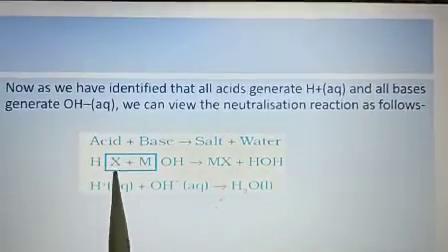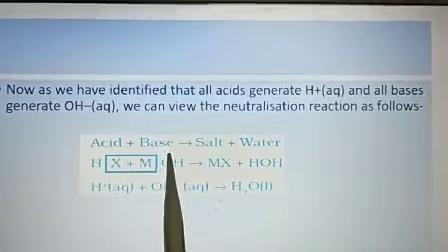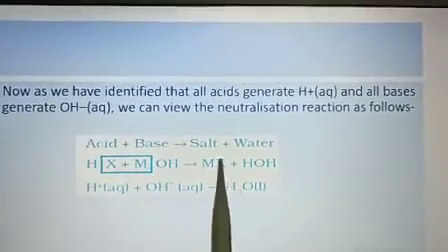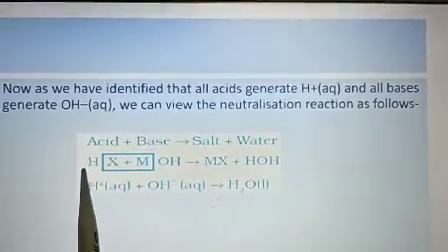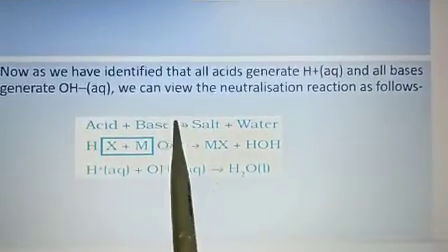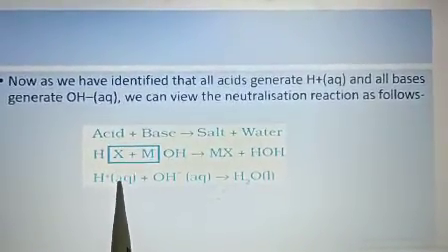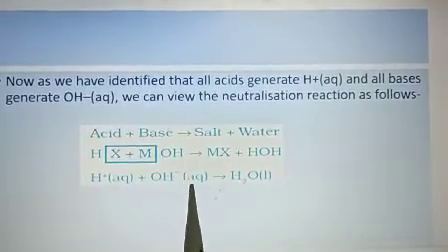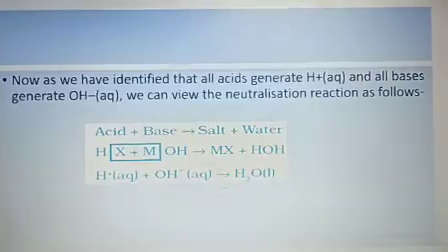These two form salt, and H ions from the acid and OH ions from the base will mix together to form water. So this is H+ aqueous and OH- aqueous. These two when combined form water, that is liquid.